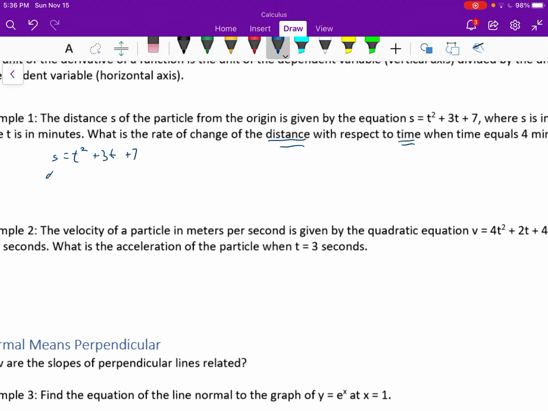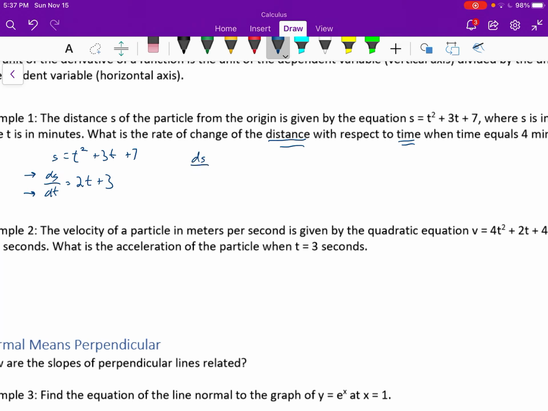So we have ds/dt, change in distance over change in time. Well, ds/dt is the derivative, so 2t plus 3. And then we want to evaluate this at 4 minutes.